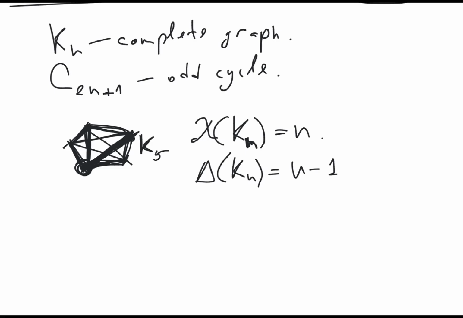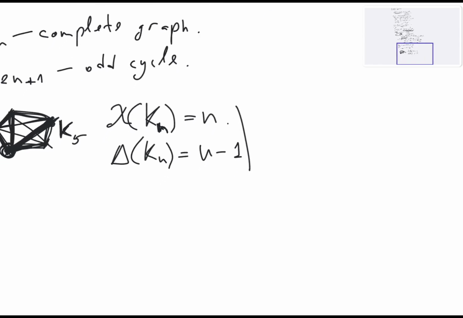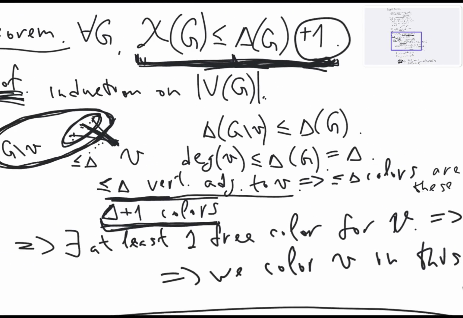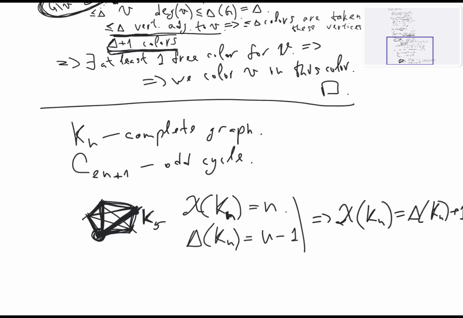So we see that for Kn we have chi of Kn is exactly equal to delta of Kn plus 1. So this inequality is exactly attained. We have an equality here.